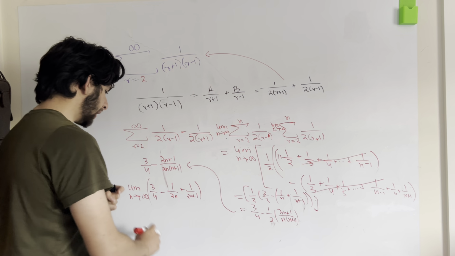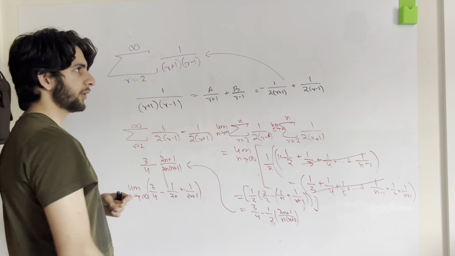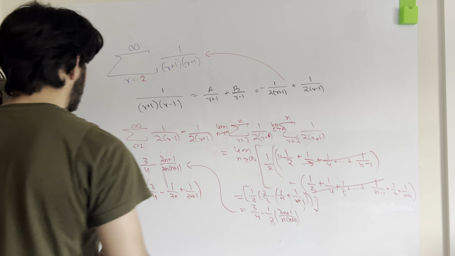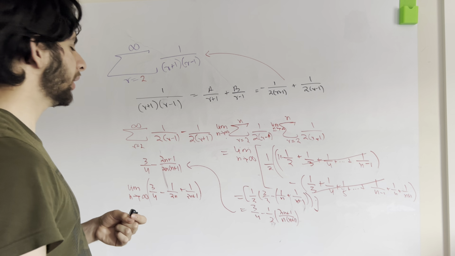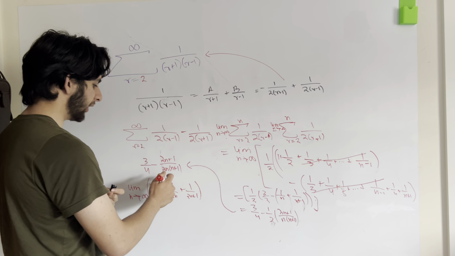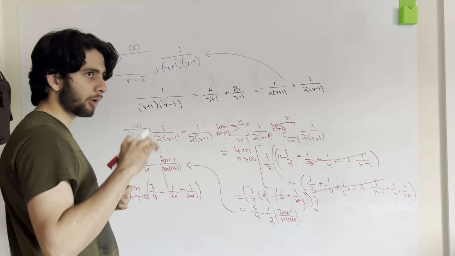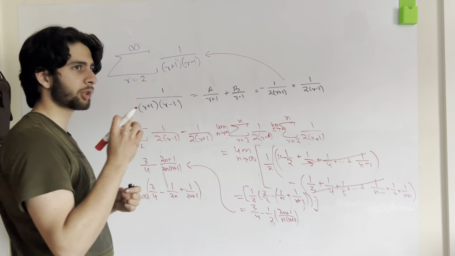Clearly, if you substitute n equals infinity into all of this, the denominator becomes extremely large, therefore 1 over the denominator, the reciprocal, becomes extremely close to 0.